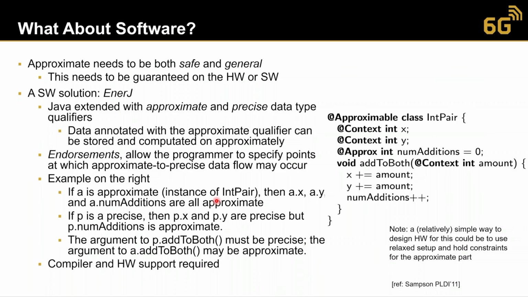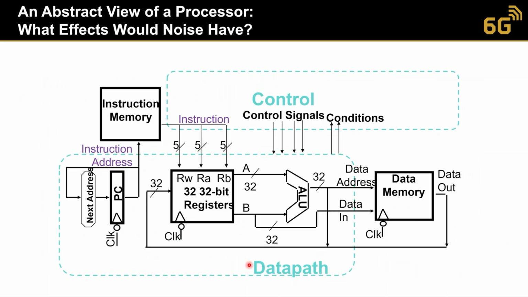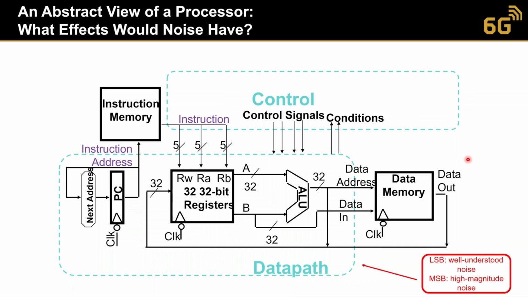So ideally you'd want to have a processor that doesn't require a rewrite of code and a rewrite of the compiler, so you basically keep the approximate values under the hood. So let's see if that can be done. If we look at a general case of a processor with your data path and your memories and your control, this can be your basic RISC processor, it can be your DSP and even your GPU, which would of course be much more parallel. If you get errors in the data path, in the LSP, that is well understood.